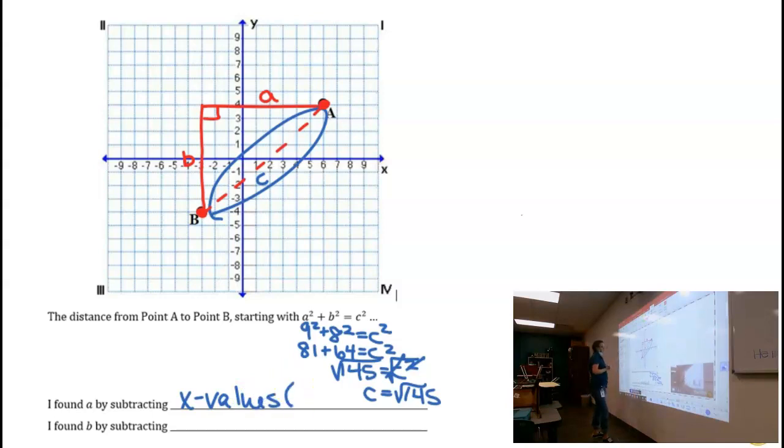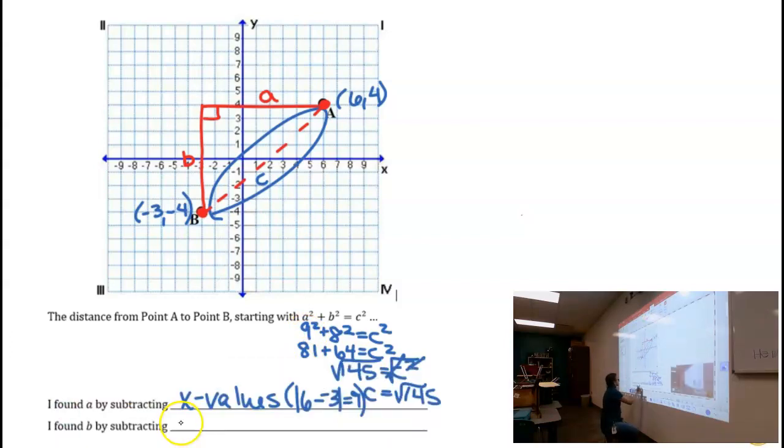Specifically, my x values, if this is the point 6, 4, and this is the point -3, -4, if I use my distance from the last class period, then I'm going to see I have the absolute value of 6 minus -3, which equals 9. That's my a value. That's what I substituted here.